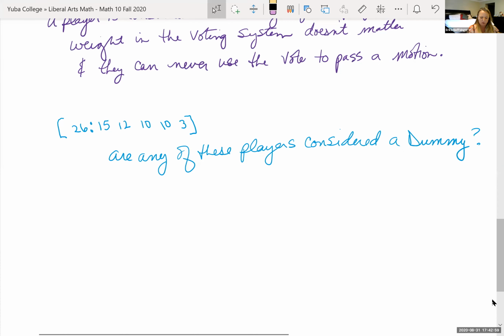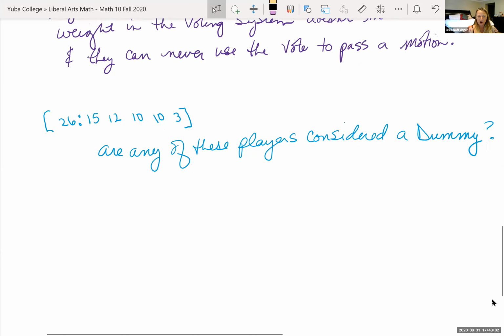And so what we call coalitions are all the different possible ways that people can vote. So for instance, let's do a coalition.